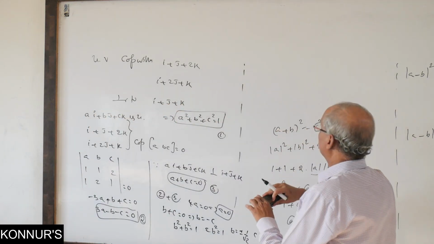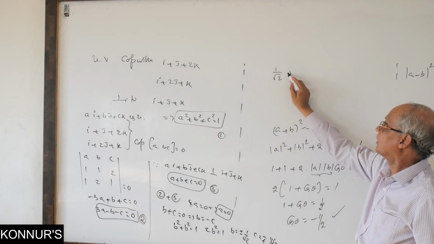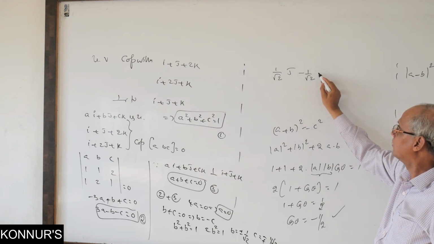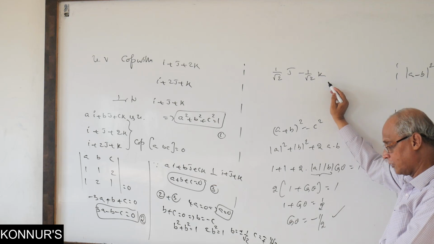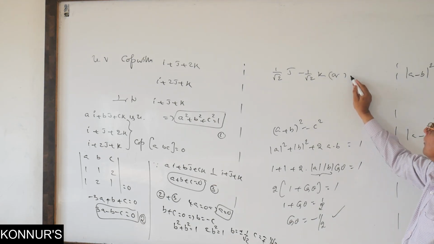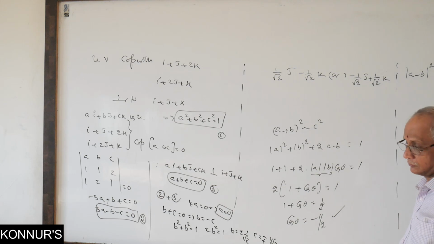One answer is 1 by root 2 j minus 1 by root 2 k, because a is 0. b positive, I wrote c negative. Or minus 1 by root 2 j plus 1 by root 2 k. Two answers we are getting.